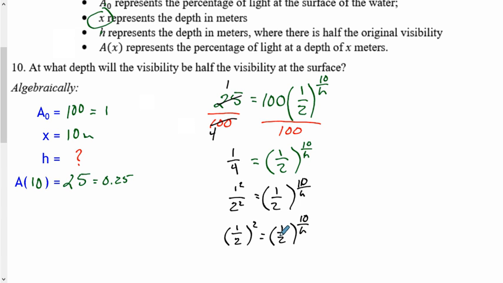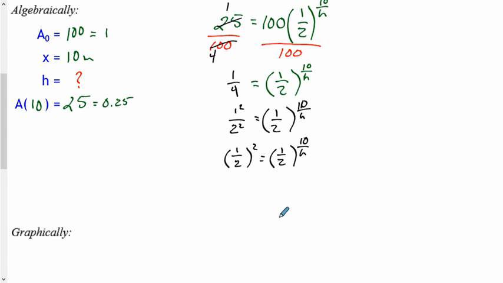Powers are equal, bases are equal, so the exponents must also be equal. And so I can say my left-hand exponent, which is a 2, is equal to my right-hand exponent, 10 over h.